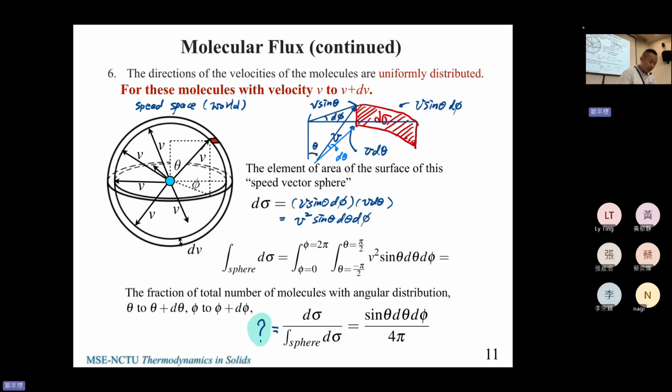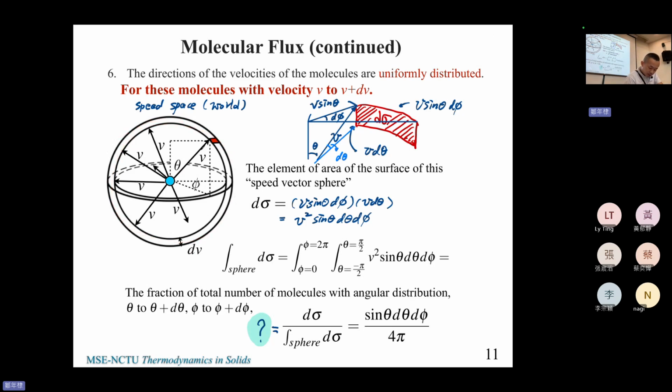Okay, and then we want to obtain the entire sphere. So we do the integration of d sigma over the sphere. When we take theta and phi over all the directions, you can obtain the whole sphere area.